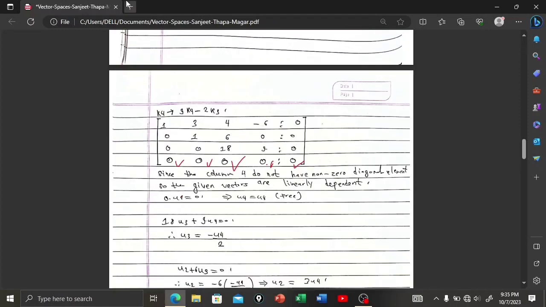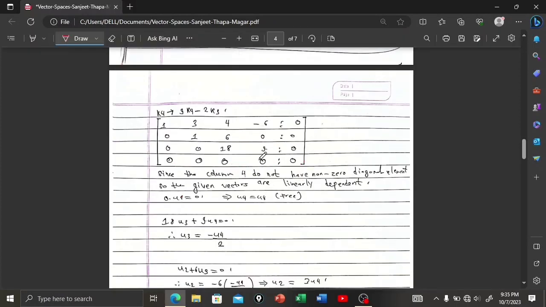Now since column 4 does not have a non-zero diagonal element, the given vectors are linearly dependent.